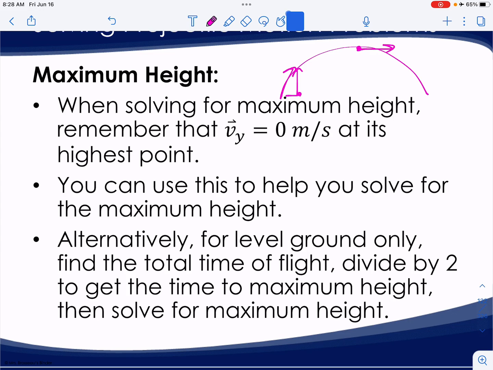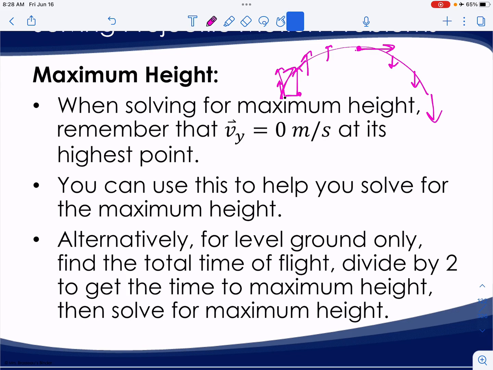There is no Vy component because at the top of the motion, it is in the Y direction momentarily suspended. As it goes up, the Y component is going to keep getting smaller and smaller until there is no Y component. And then as it goes down, because of acceleration due to gravity, it's going to keep increasing. You can use this to help you solve for the maximum height.